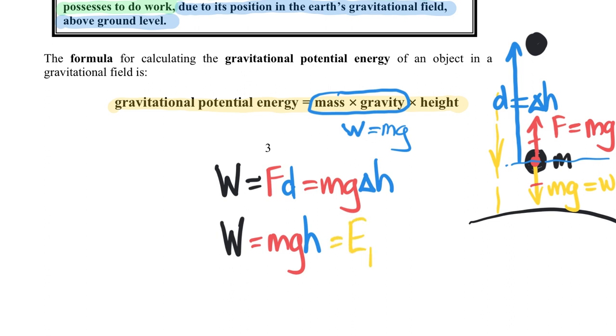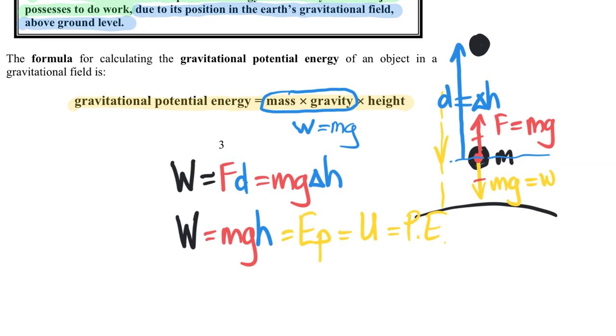So EP, we use the little p subscript for potential, the big E for energy, or some people write it as U, or they write it as PE, potential energy. Either of these is fine.